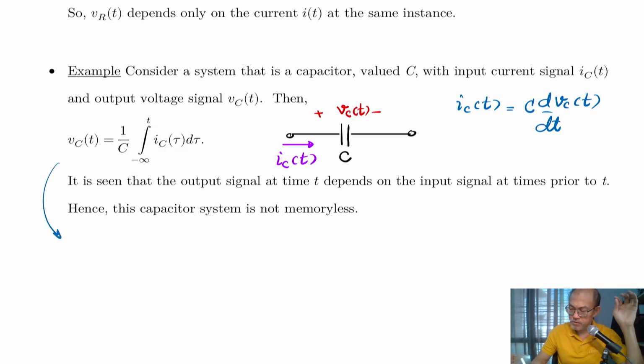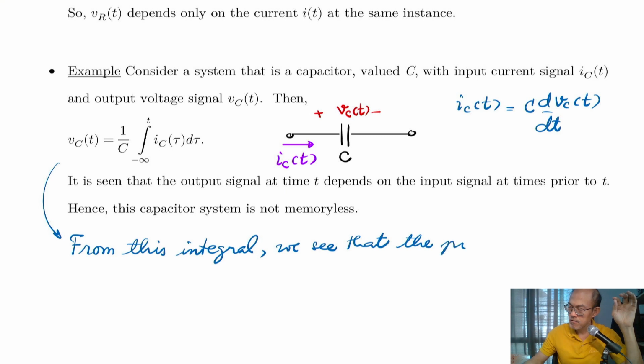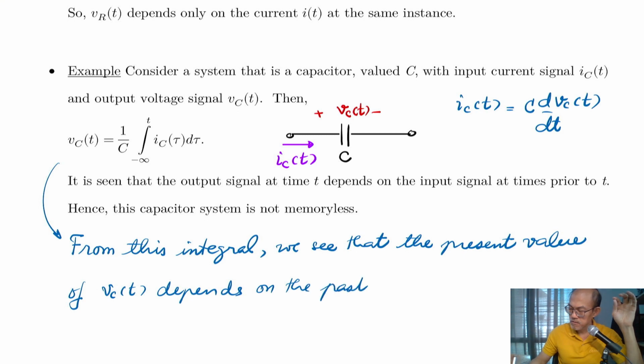So from this integral, we see that the present value of Vc depends on the past values of IC.